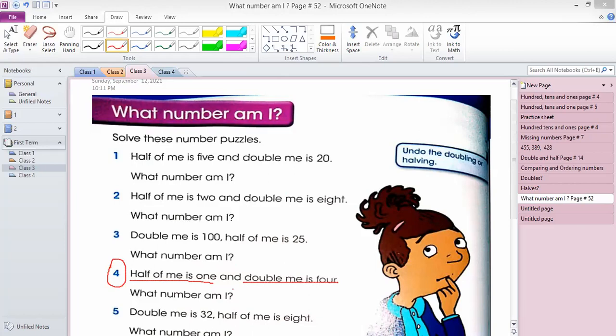I'm asking you the answer. What is the answer for question number 4?